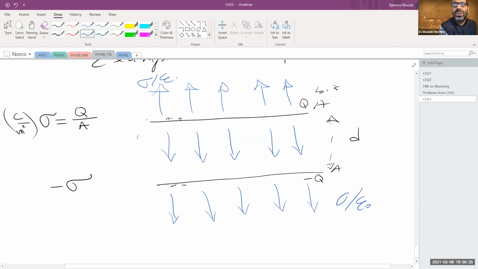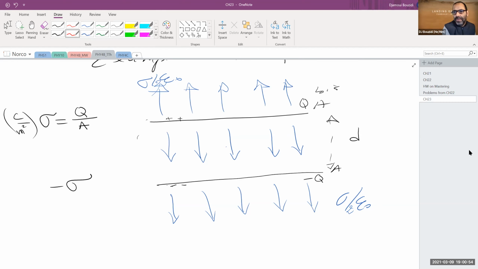Sigma over 2 epsilon naught. I forgot the 2. I'm sorry. There is a 2 in the expression that we found last time. Okay? So that is the magnitude of the field created by that one. The other one that is negatively charged, it has a negative sigma, will produce the same electric field that has the same magnitude, sigma over 2 epsilon naught, except it's pointing toward the plate. That's all. That is what the negative sign means.